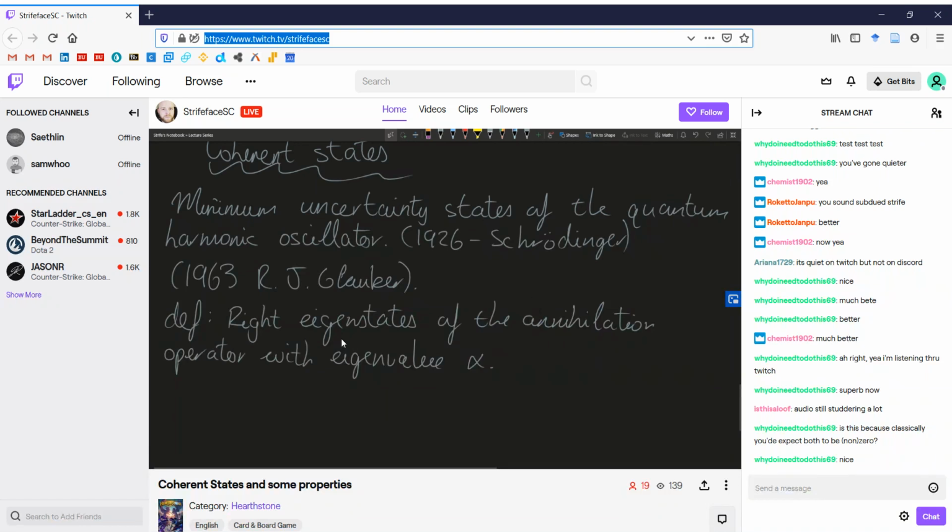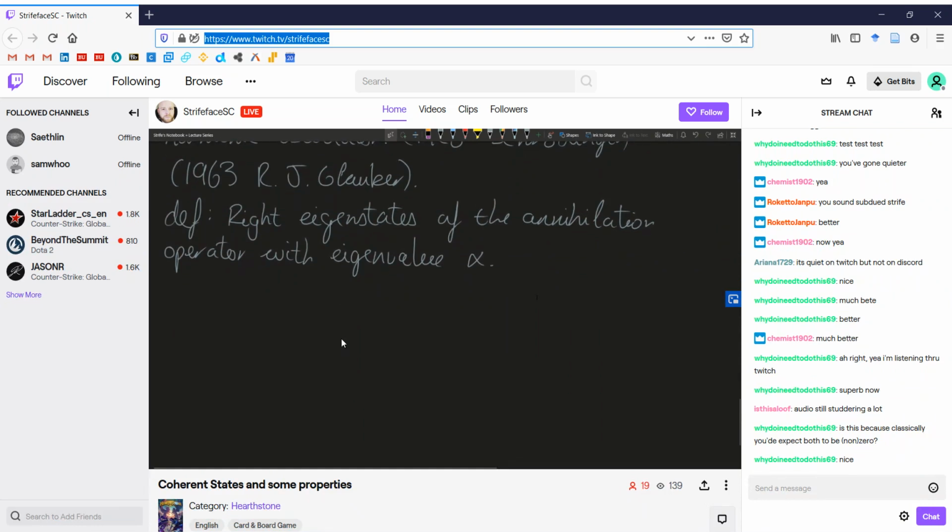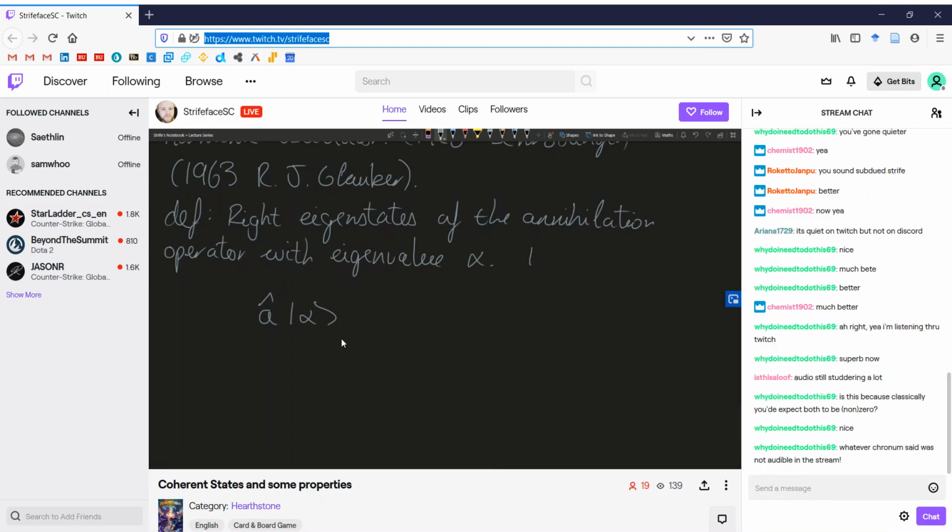So in equation format, we have right eigenstates of the annihilation operator with eigenvalue alpha. Now we're going to denote the coherent state alpha, which is the common notation. It's an eigenvalue equation.